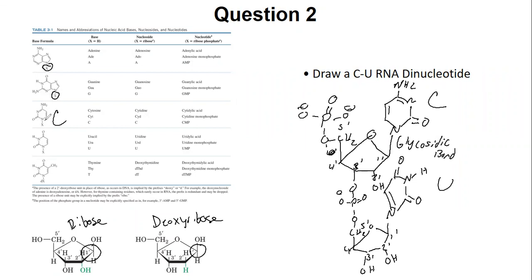That's showing you where your sugar is located. So that is our CU RNA dinucleotide. Again, I'm not going to ask you to draw this on a test, but be aware I could ask you, like I'll show you a picture of a di or trinucleotide and just ask you to name it for me. So any questions about this?